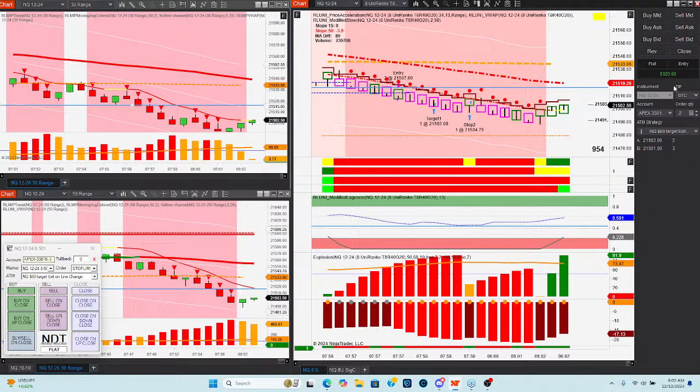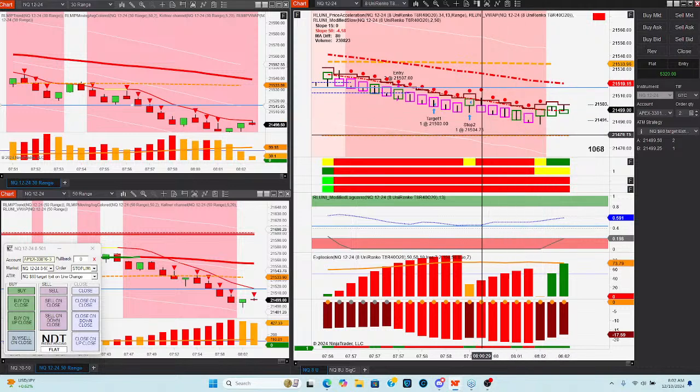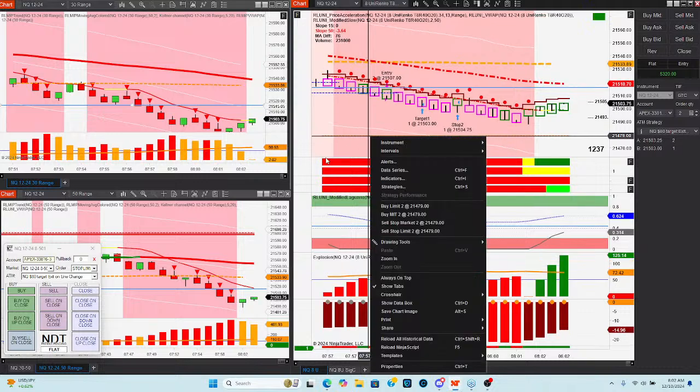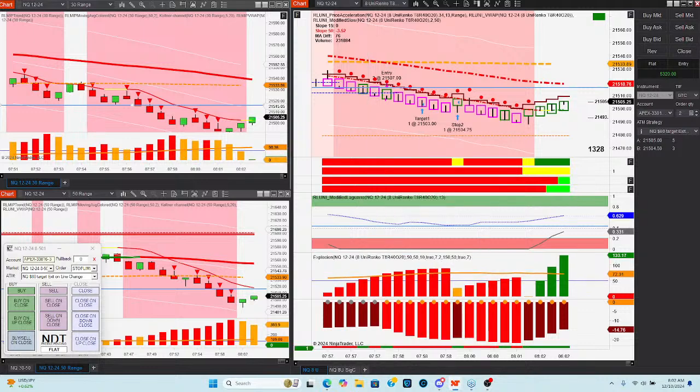I like to shoot for $500 a day on 2 contracts, but any green day is a good day. And did I let a couple trades go by? Yeah, I did.